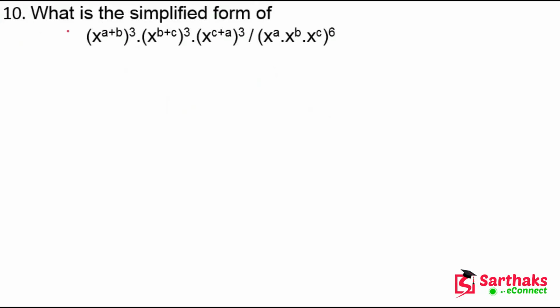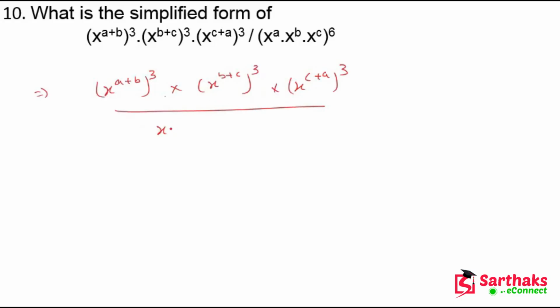Now the next problem is, what is the simplified form of x raised to power a plus b whole raised to power 3, into x raised to power b plus c whole raised to power 3, into x raised to power c plus a whole raised to power 3, divided by x raised to power a into x raised to power b into x raised to power c, whole raised to power 6.